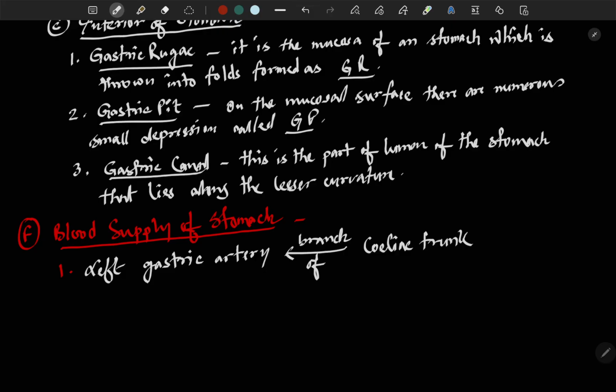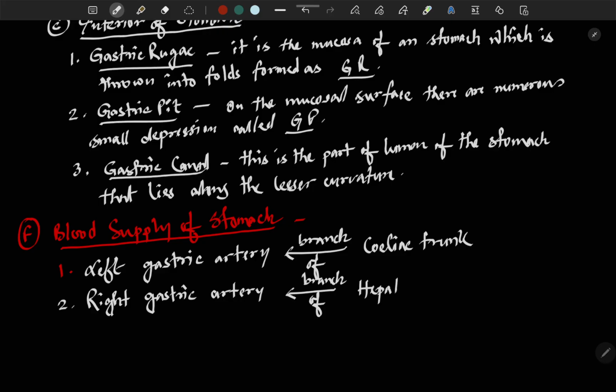Number 2, right gastric artery, which is a branch of hepatic artery.